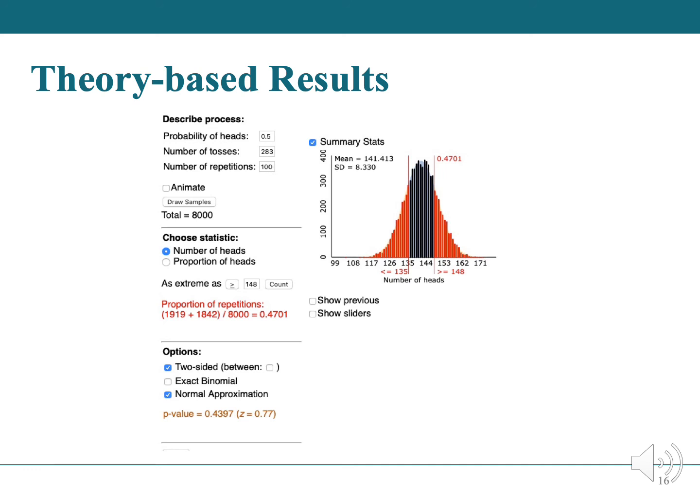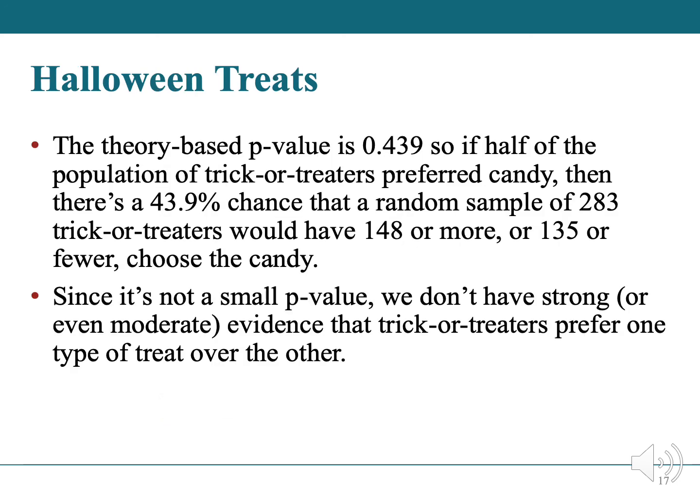So instead of 148, you'll put in 148 divided by 283, and then you'll see that we get a standard deviation that's nearly identical, because the x-axis won't be from 99 to 171, it'll be from 0 to 1. Okay, so the p-value is very, very similar to what we got from the simulation, and it's not small, so we really don't have any evidence that says we can reject the null hypothesis.